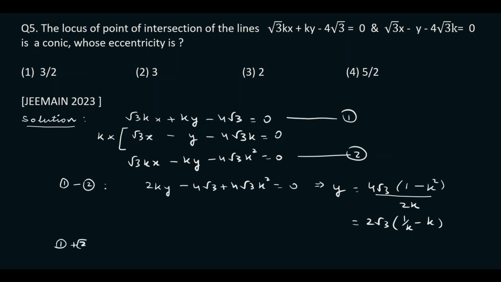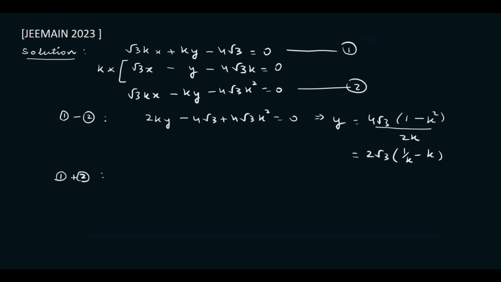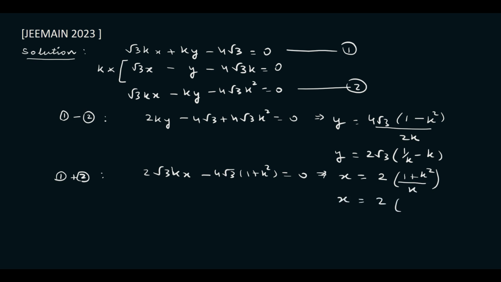Similarly, if you add the two equations, equation 1 plus equation 2, you will get 2 root 3 kx minus 4 root 3 (1 plus k square) equals 0. So that gets you the value of x as 2 times (1 plus k square) by k, which can be written as x equal to 2 times (1 by k plus k).